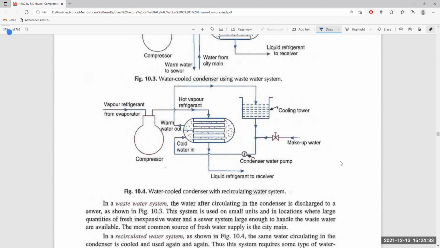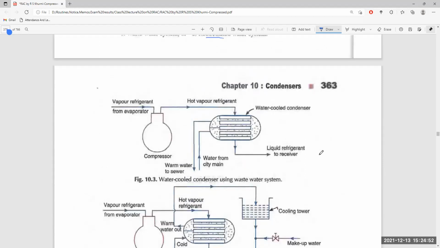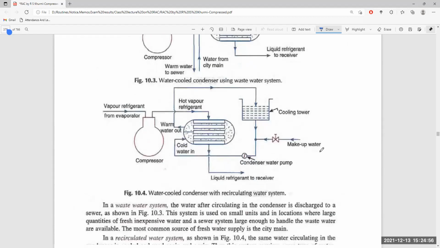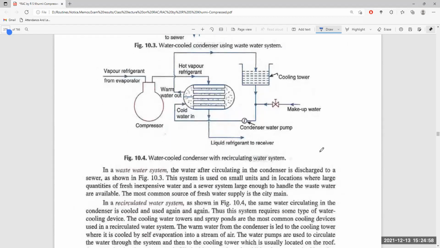So the cooling tower continuously supplies cold water to the condenser, and receives hot water from the condenser to convert it again to cold water by means of atmospheric air. The water is always recirculating to make it more effective.